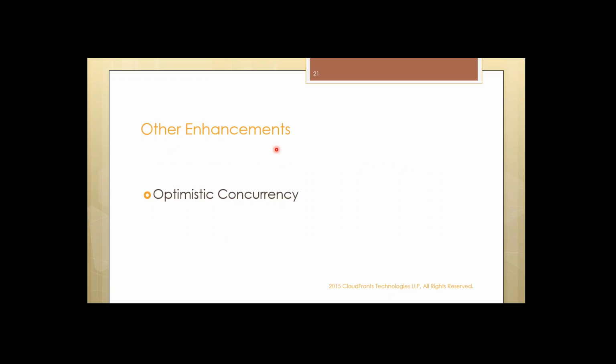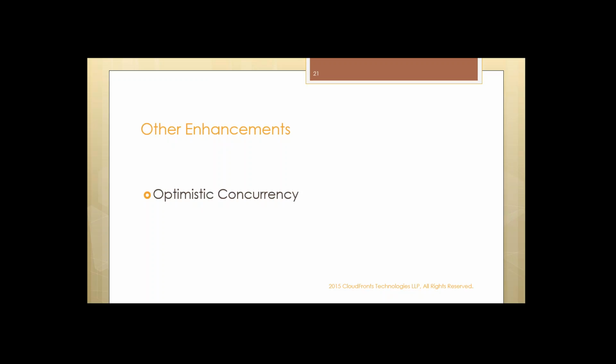Now let's focus on some other enhancements which are now available in CRM. One of these is optimistic concurrency. This is again related more towards development. In a multi-threaded and multi-user system like Microsoft Dynamics CRM, operations and data changes often happen in parallel. A problem arises when two or more update or delete operations on the same piece of data happen at the same time. This situation could potentially result in data loss.